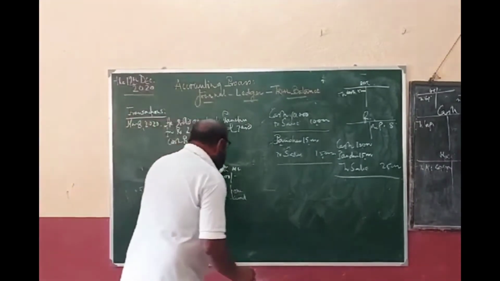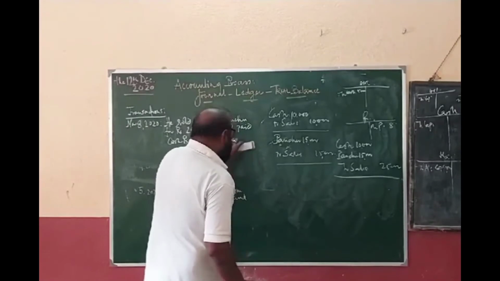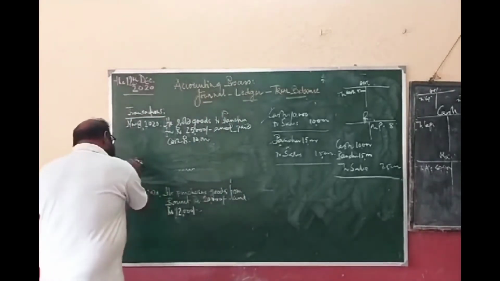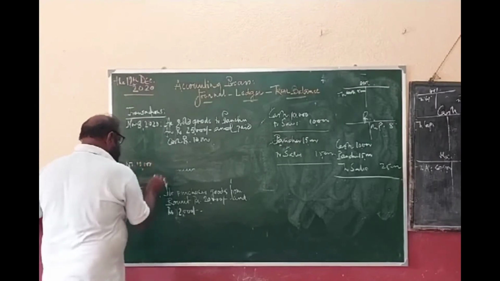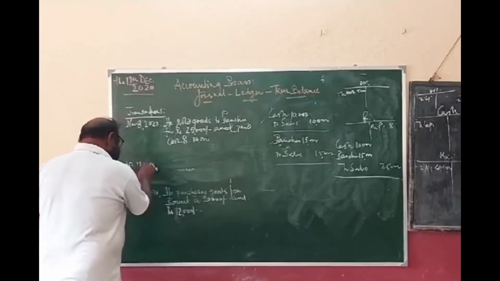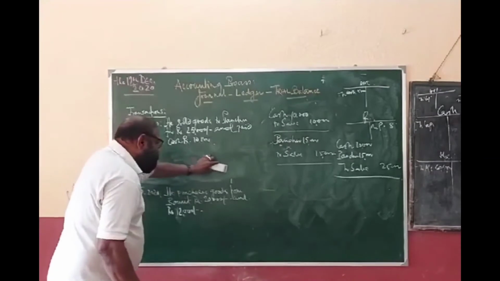Okay, then come to the next transaction. Say the transaction date is November 10. Oh, sorry. 10th November. Clear? Okay.